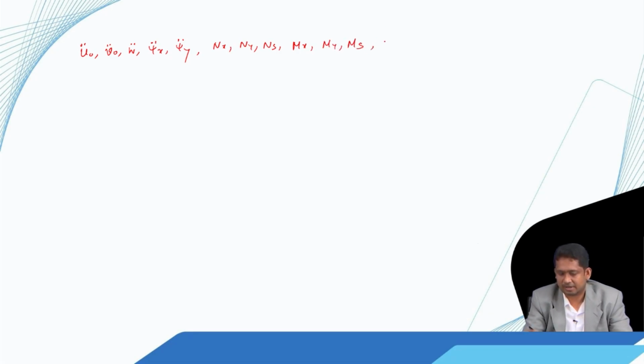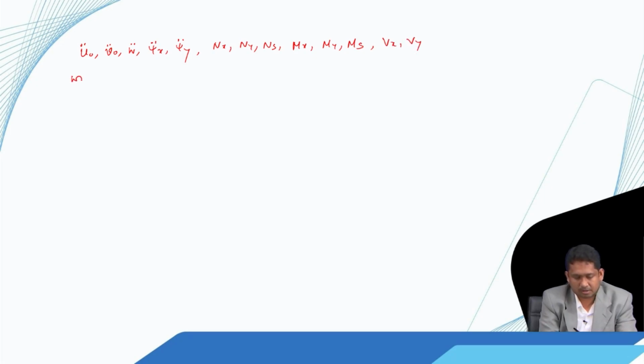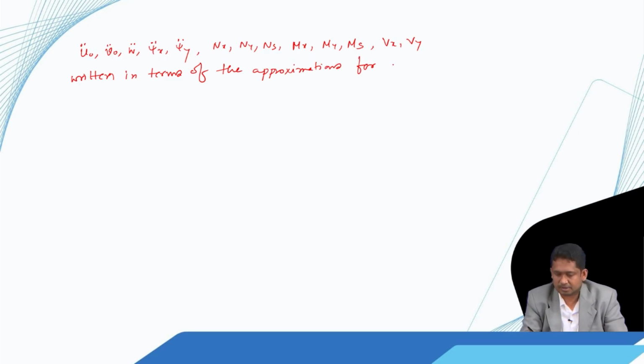So, we can write solving u0, v0, w, psi x, psi y with these double dots, Nx, Ny, Ns, Mx, My, Ms, and we have Vx, Vy written in terms of the approximations for u0, v0, w, psi x and psi y.